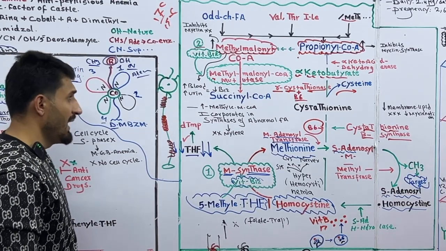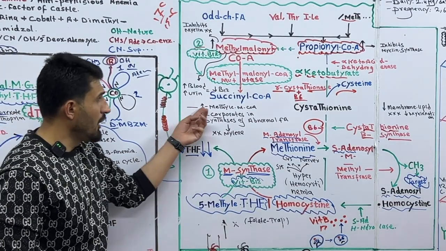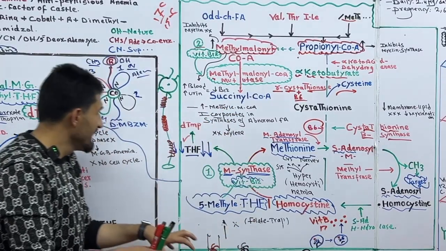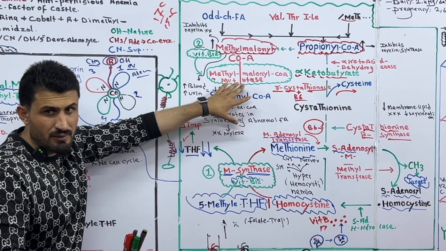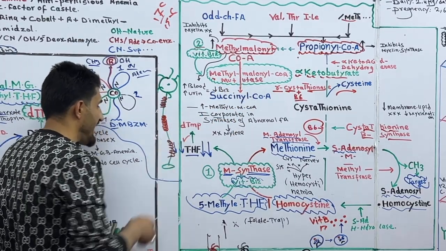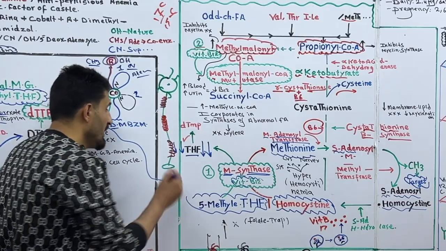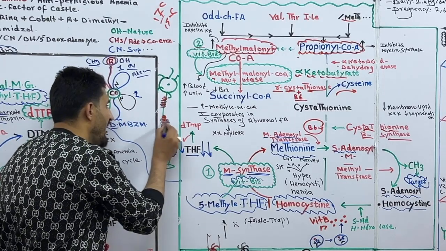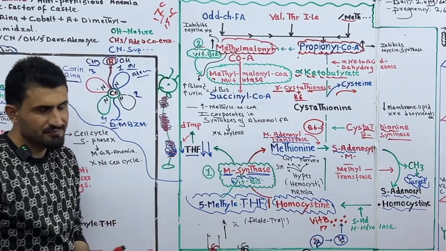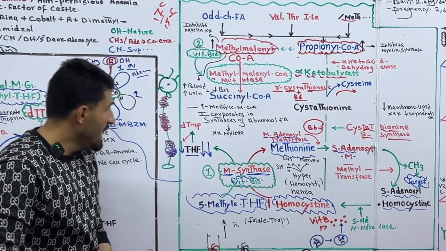Got it? Another idea is that a high level of methylmalonyl CoA, an abnormal fat-like structure, incorporates in the production and making of abnormal myelin sheaths. Also it causes destruction of axons.